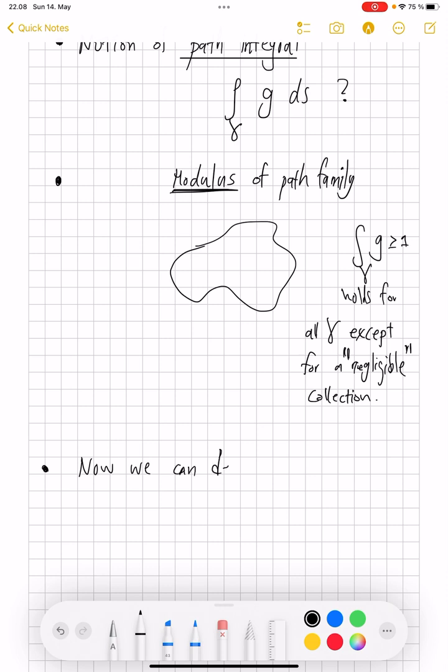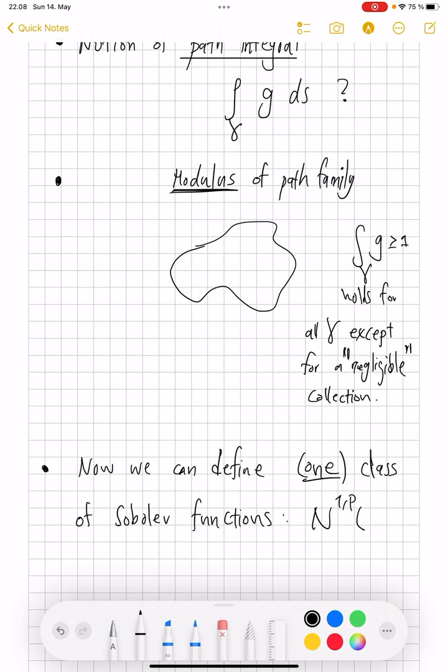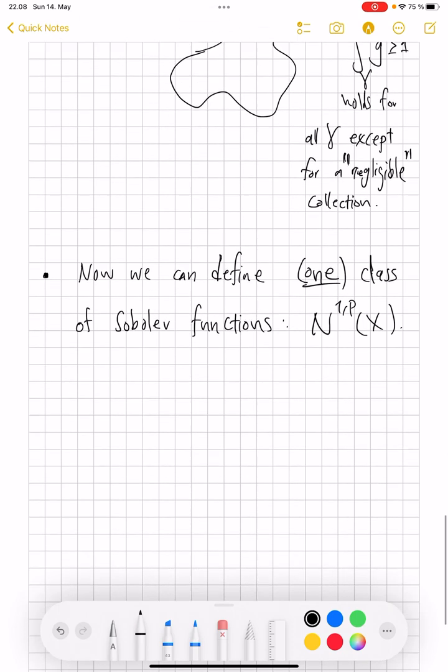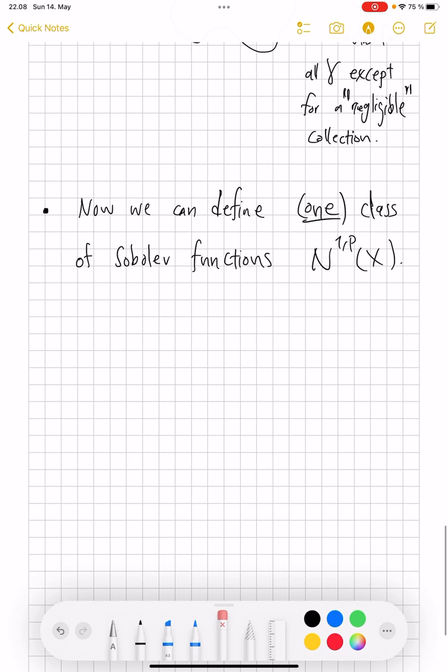So we can define, and I must say this is just one way of defining Sobolev functions, one class of Sobolev functions, which will be denoted by N^{1,p} space on X. And after talking a little bit about these, we will be able to also talk about different classes of Sobolev functions, for example, the Hajłasz Sobolev space.